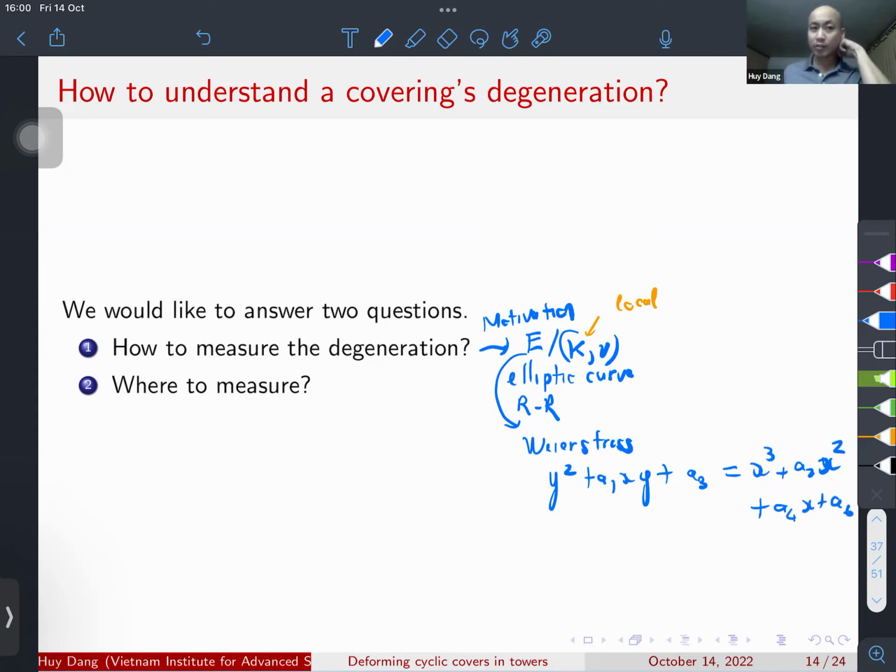So that is the Weierstrass equation. And then there are many equations, right? You can change a variable, then you have a different model.